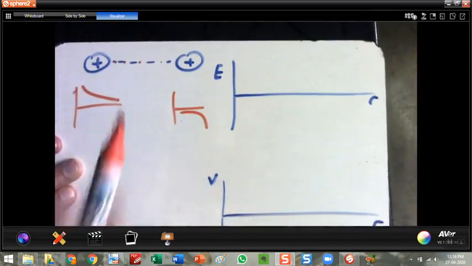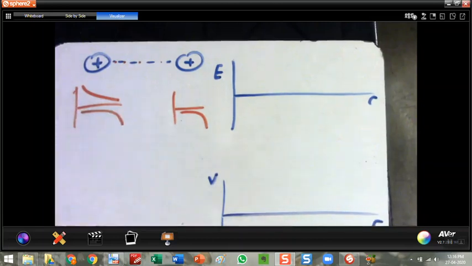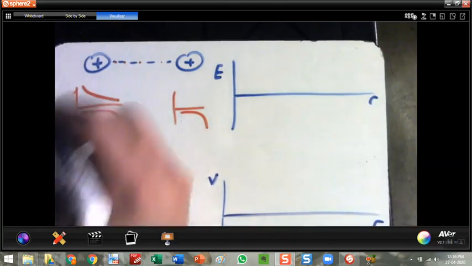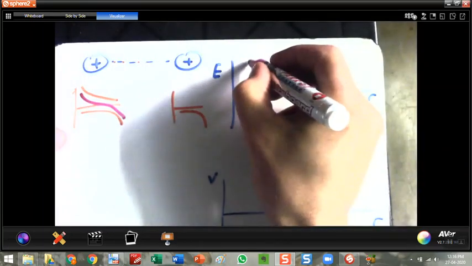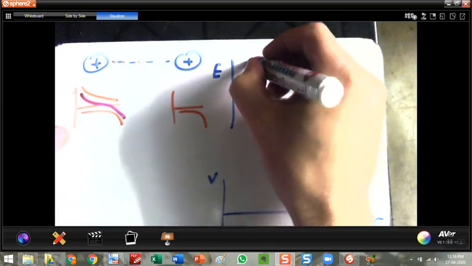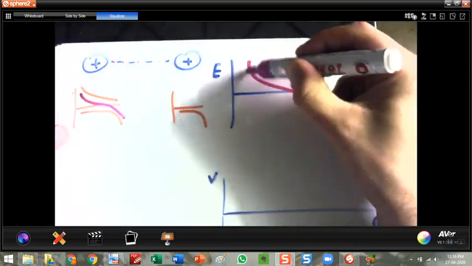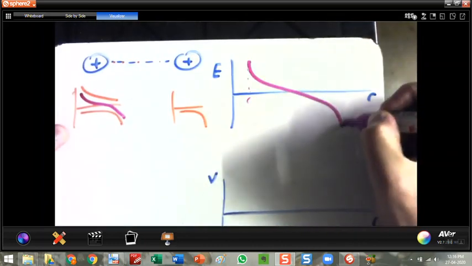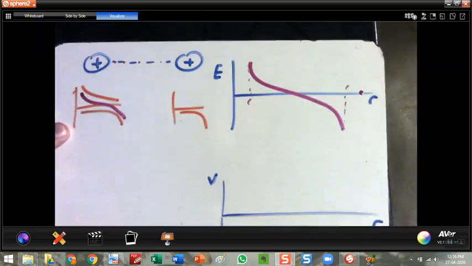If we combine these two, so basically if we put them on the same graph, the resultant field between the two would look something like this, where we're not starting from the radius here because we said there's no field line in between. So that's the radius of the one, and this would be the radius of the other one. Let's say it goes up to there.